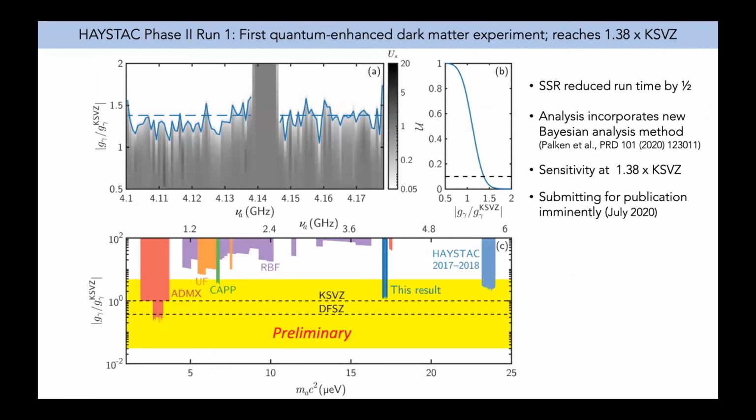Now, this was implemented, and we've just finished our first data run with it at Yale. The publication is going in imminently, and with this very small experiment, we're down now to under 1.4 KSVZ sensitivity.